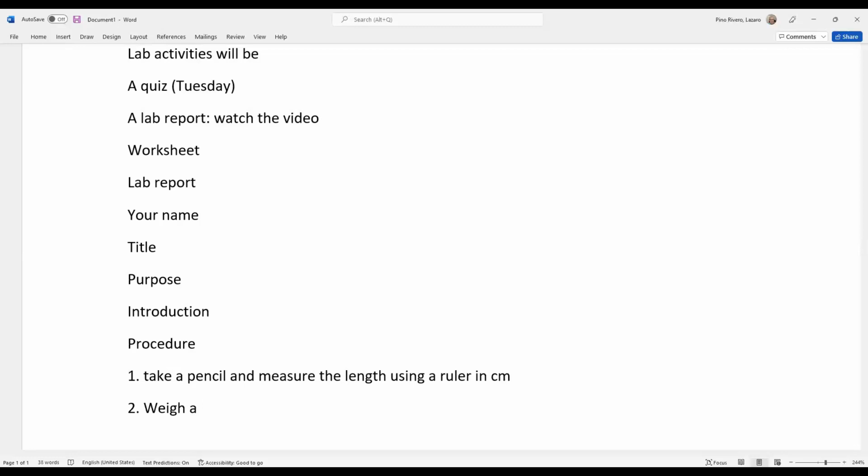a metal cylinder using a scale in grams, and so on.